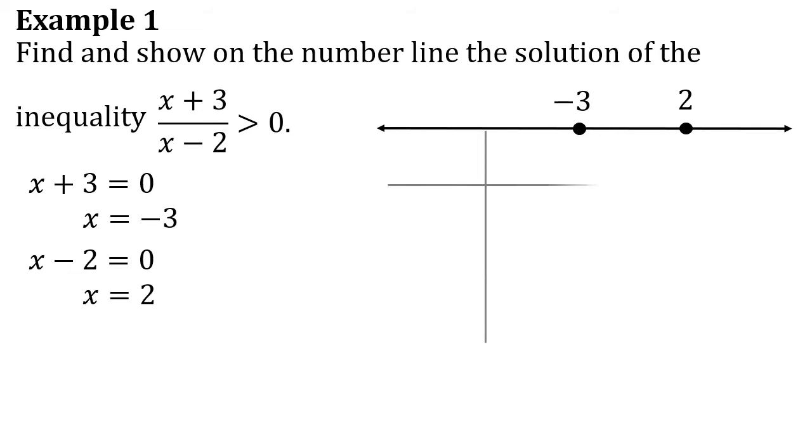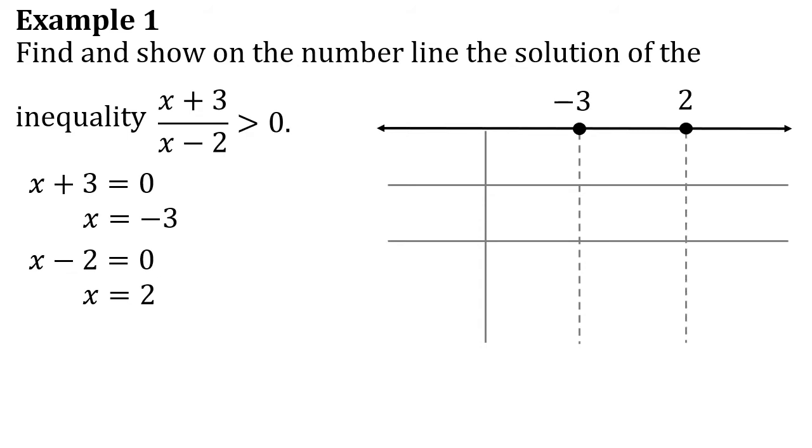Then make a line here and two other lines here, then broken lines starting from the critical points. First, put the numerator and then the denominator, and then our given, (x + 3) over (x - 2).